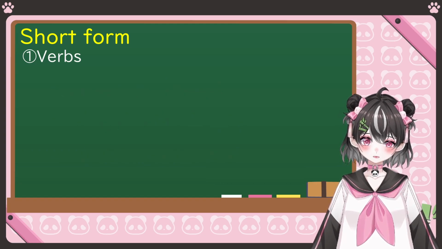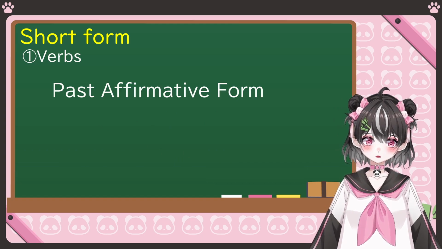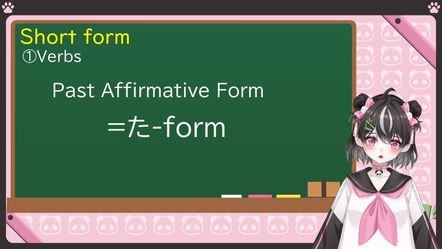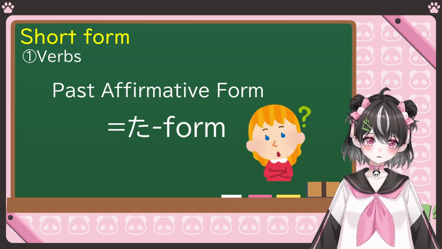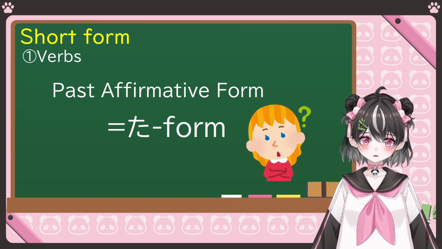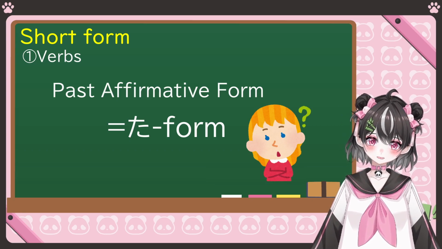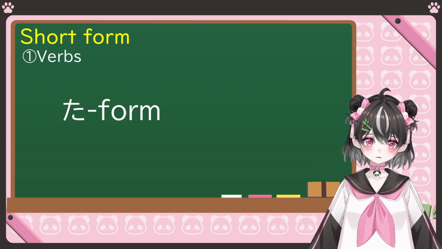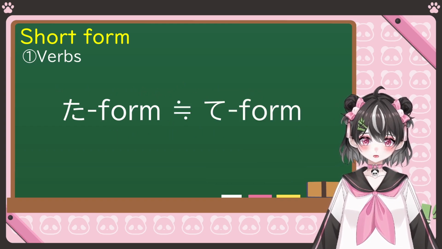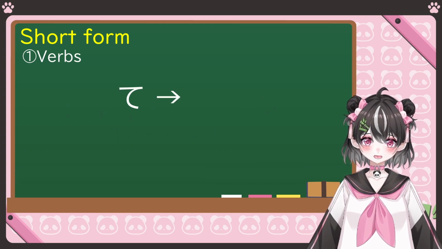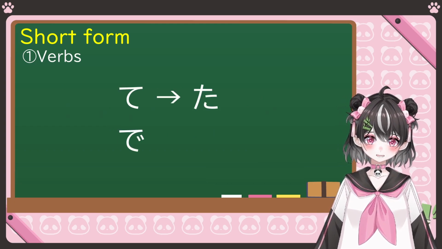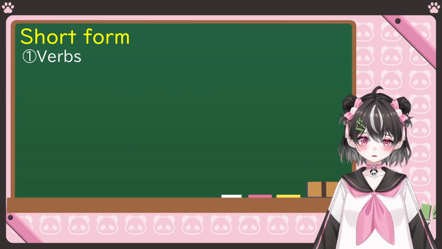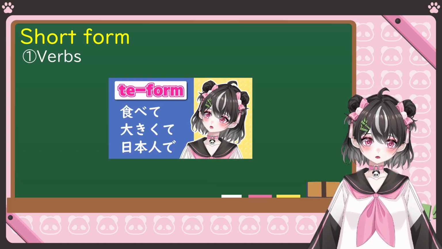Anyway, putting that aside, let's move on to the past affirmative form, which is also known as た form. You might be wondering, what's ta form? But if you've already learned te form, it's easy. Ta form uses the same rules as te form. The only difference is that te turns into ta and de turns into da. If you haven't learned te form, please check out this video.